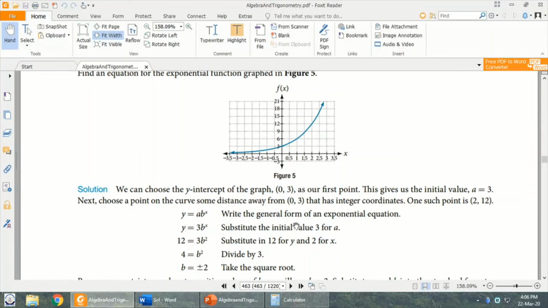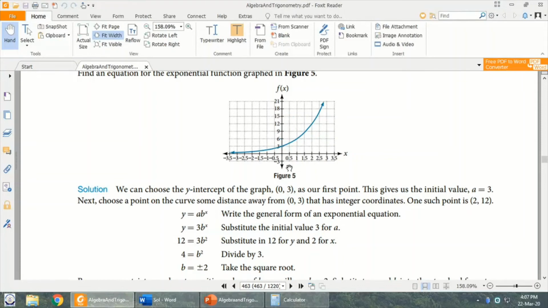So write the general form of an exponential function. When there's an initial value, just simply y is equal to 3 b to the x. So a is equal to 3 in this case. Now I give you this value as 0, 3, and this is some initial value. Initial value basically is the intercept.